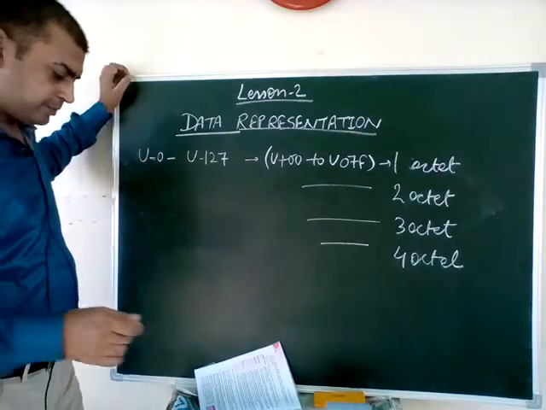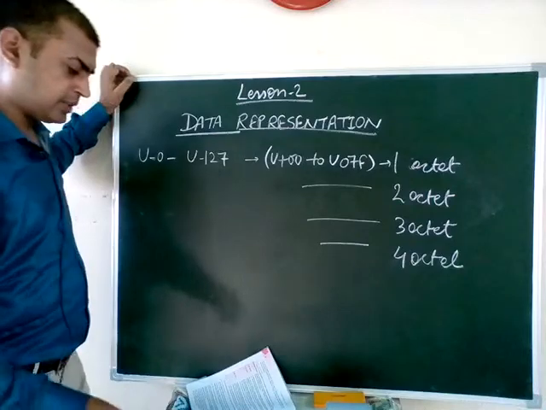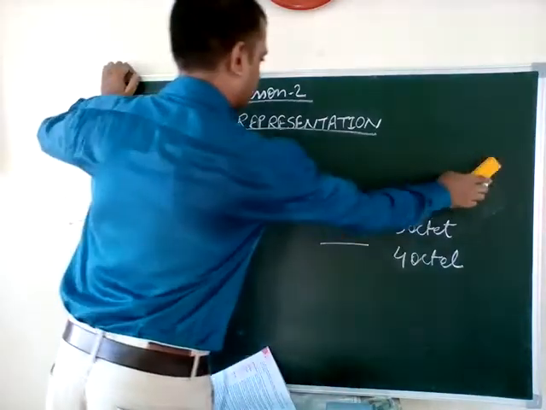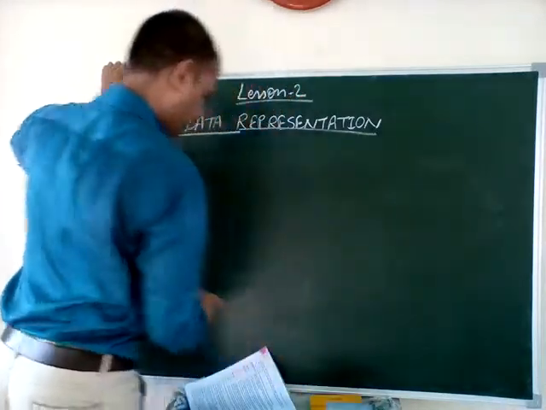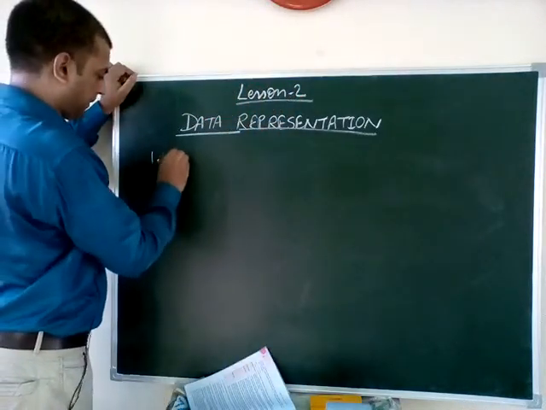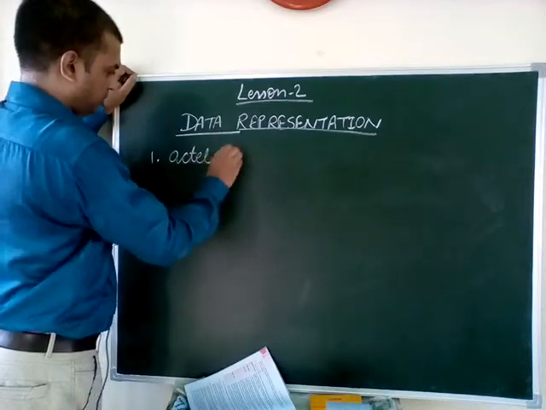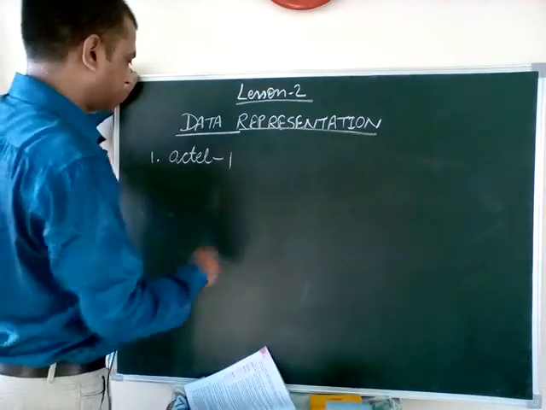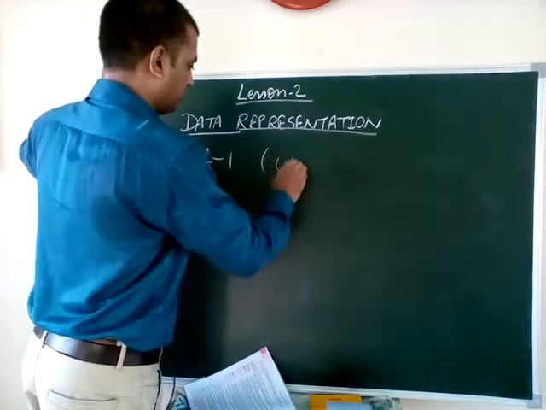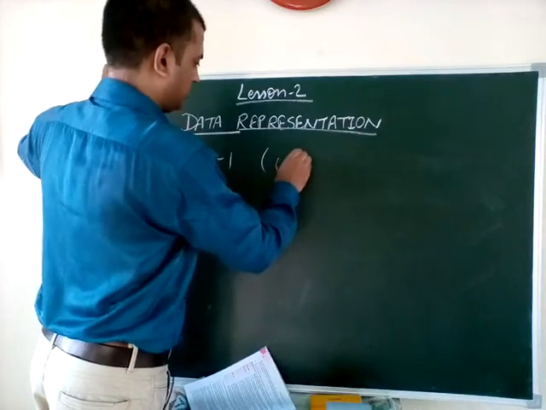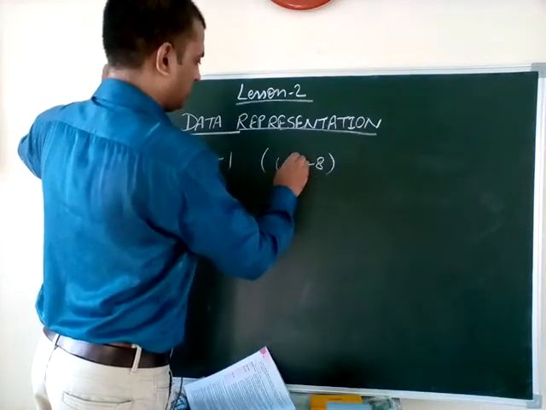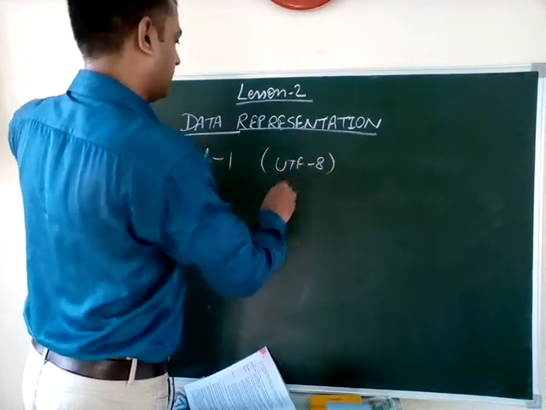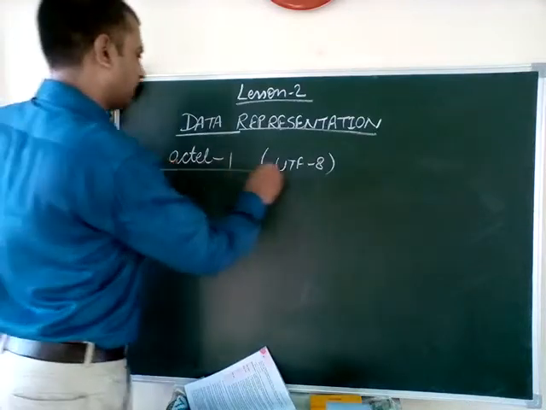For example, octet 1, first thing, UTF-8 octet 1.